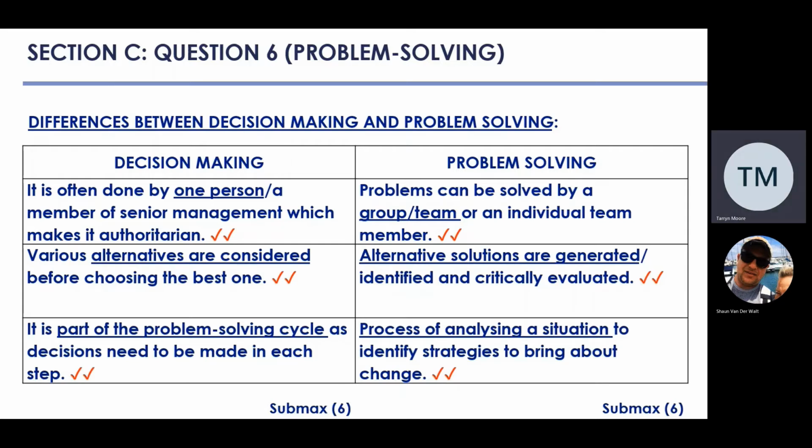There's the problem. I'm looking, oh, I can do this, I can do this, I can do this. Now I need to take it to top management and they need to make a decision. And they are going to go with the best possible decision.